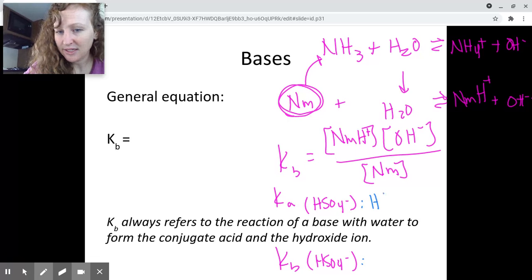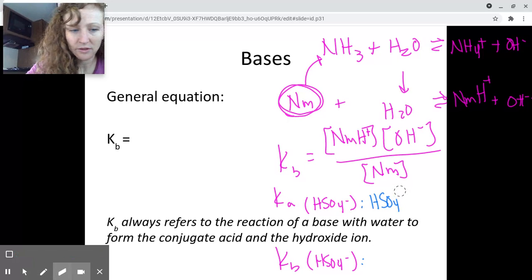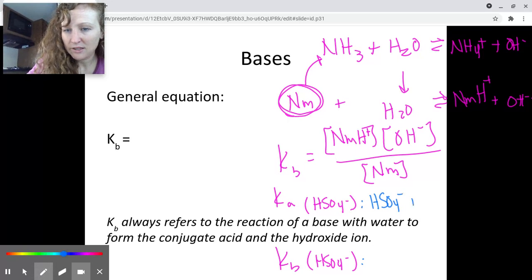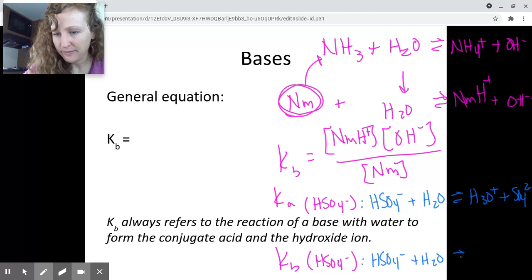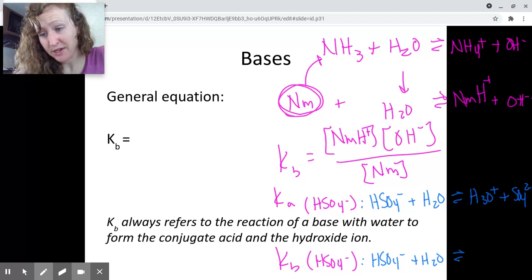So acting like an acid, oops, that's a negative. It's going to react with water and donate a hydrogen. So H3O plus and SO4 2 minus. Acting like a base, it's going to accept a hydrogen.